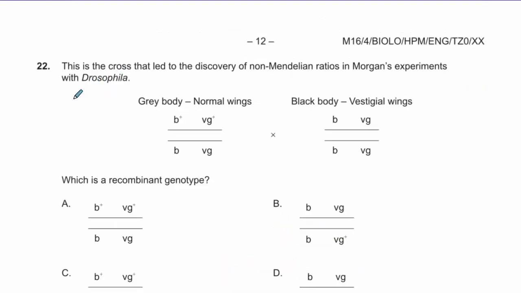22. This is the cross that led to the discovery of non-Mendelian ratios in Morgan's experiments with Drosophila. That's the banana fly. And the thing here is that you have one chromosome that has maybe B plus here and maybe Vg plus here.